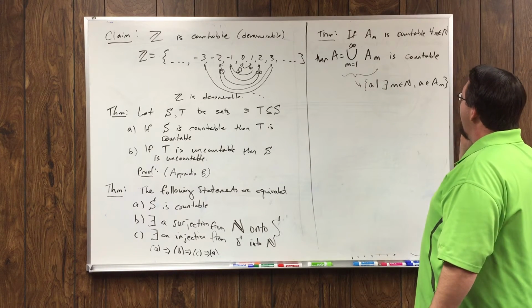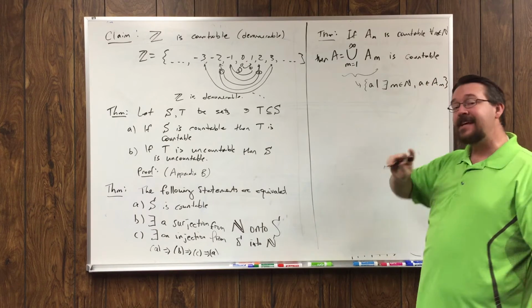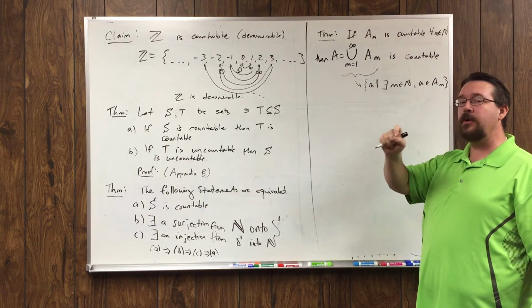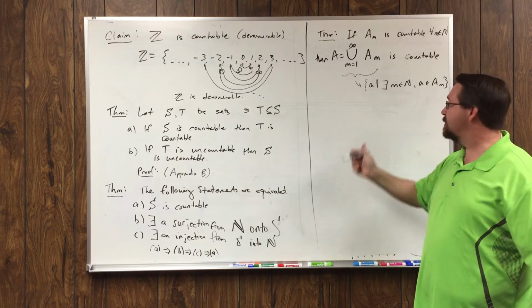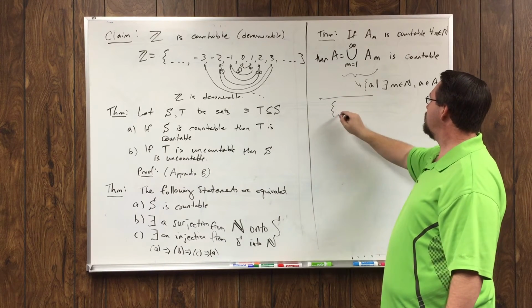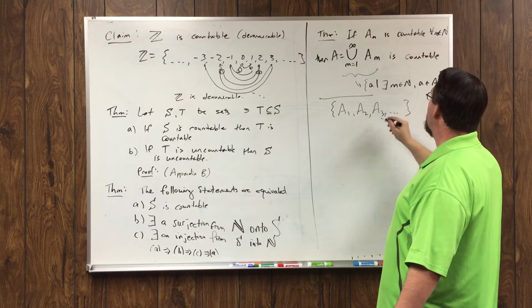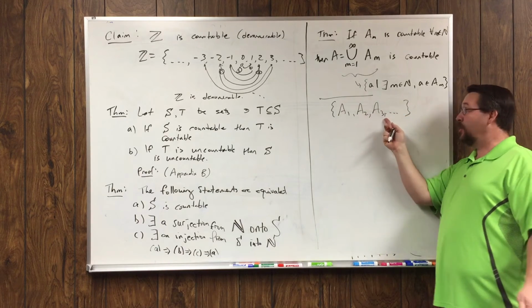Okay? Now, what this is basically saying, and this is actually a pretty powerful result, is that if you have a countable set of sets, notice that is countable. In fact, it's denumerable.